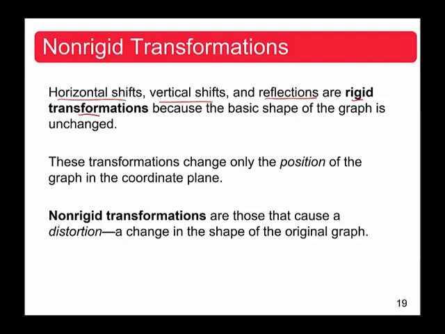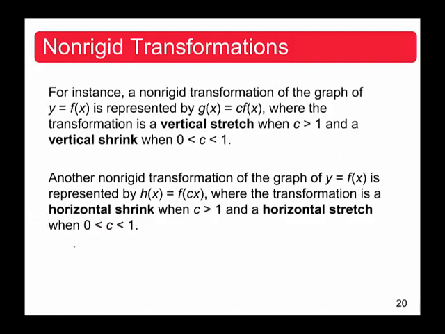And we also have non-rigid transformation, which we call a distortion. So distortion is the key characteristic of the non-rigid transformation. So it will change the shape of the original graph. Now let's take a look at how the non-rigid transformation happens.